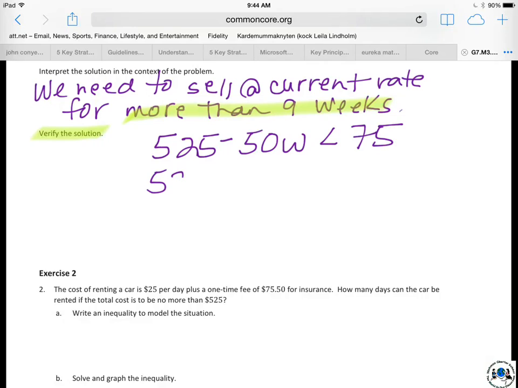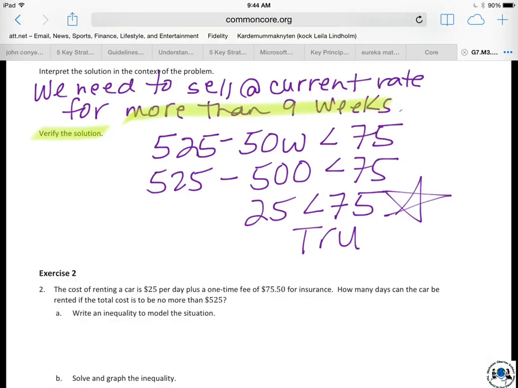That's my original inequality, and you can see that it is actually true. When I plugged in W equals 10, I multiplied 50 times 10 to get 500, and it works out: 25 is indeed less than 75, and that is true. So I have verified my solution there.